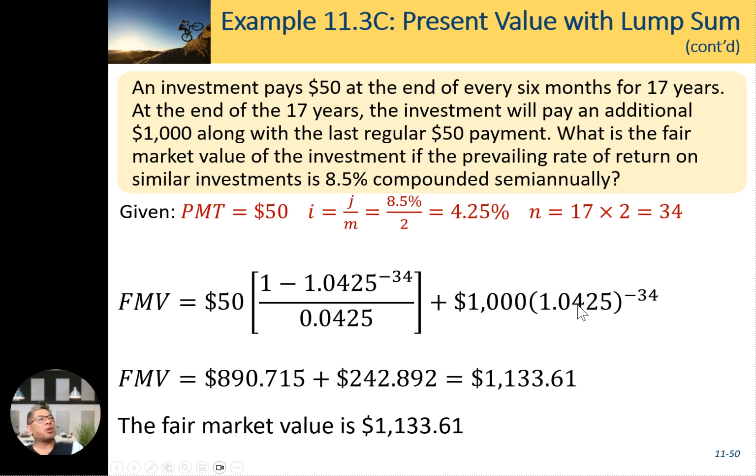The second one, you're going to get the present value of the lump sum payment at the end. Okay, once you do that, you're going to combine these two payments into one. The first one is 890.715. The second one is 242.892, which is equal to 1133.61. So this is the total value, okay?